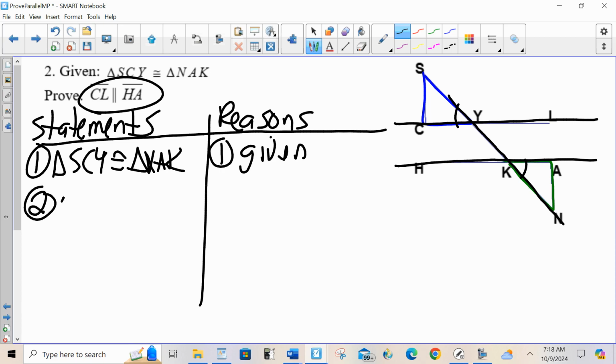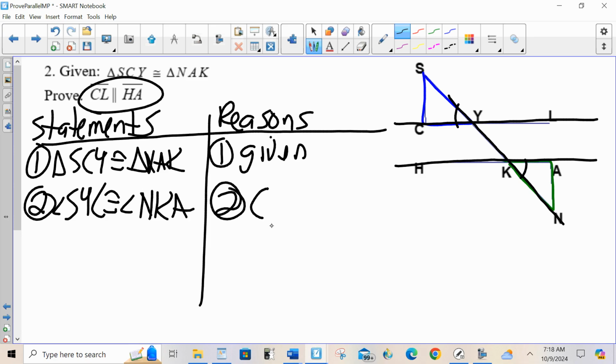So I can state that angle SYC is congruent to angle NKA by CPCTC. Since those triangles are congruent, then those corresponding angles must be congruent. And now, since those are alternate exterior angles, if the alternate exterior angles are congruent, then the lines must be parallel.